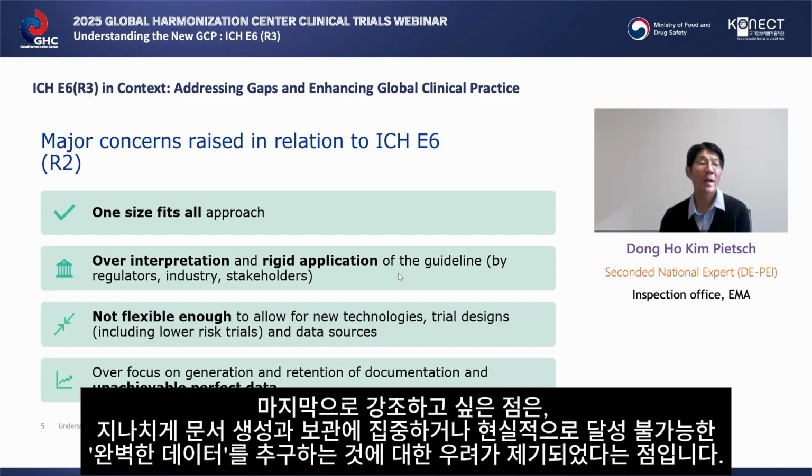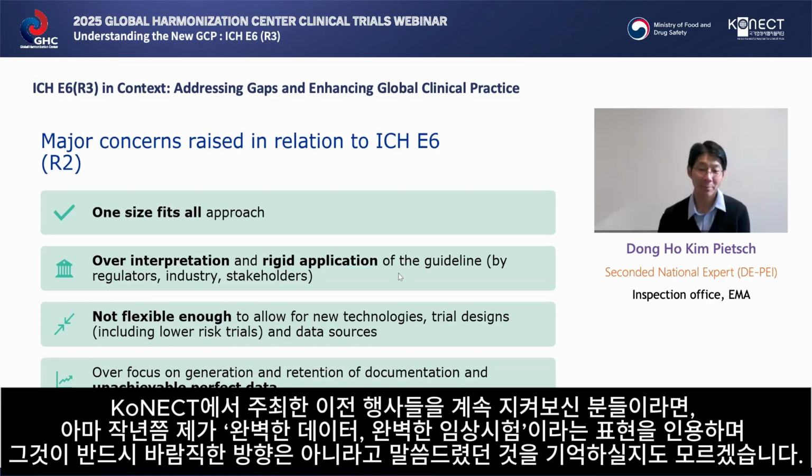And the last one I would like to highlight is the concern that there was an over-focus on generation and retention of documentation and unachievable perfect data. For those who were following previous events organized by Connect, I think I had a quote last year on perfect data or perfect trials, which is not something that should be desirable.